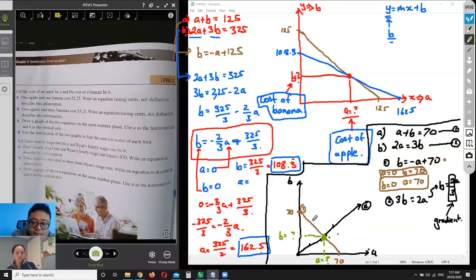That's right. And then it says use the intersection of the two graphs to find the wage. Yep, their respective wages.